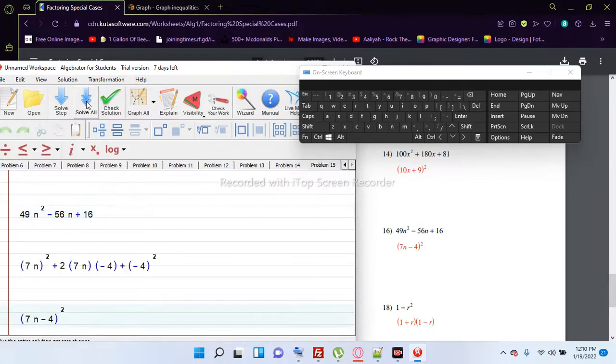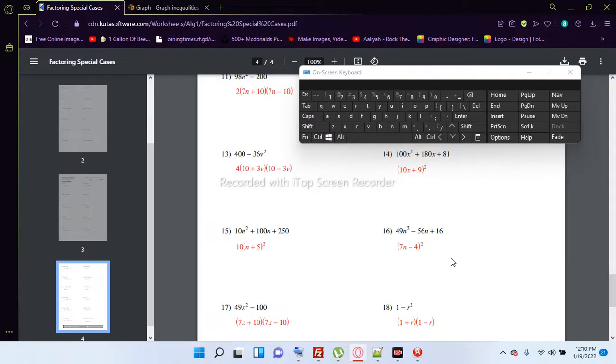So solve all. And you look at the answer, 7n minus 4 to the second power in parentheses. You see that? That's beautiful. 7n minus 4 is in parentheses, and you have the second power on the outside. Look at that. Same thing.